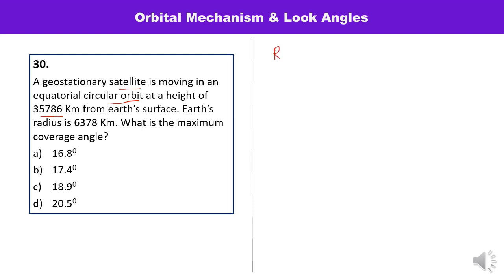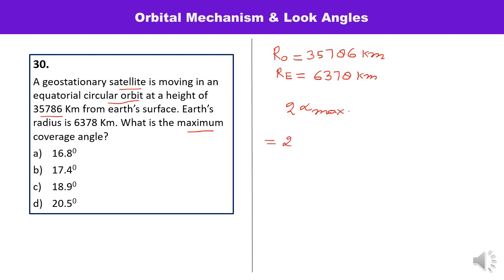Means R0 is 35,786 kilometer from the Earth's surface, and Earth's radius, which is denoted as RE, is given as 6,378 kilometer. And you need to calculate the maximum coverage angle. Maximum coverage angle is 2 alpha max. You need to calculate it. And how you can calculate it?